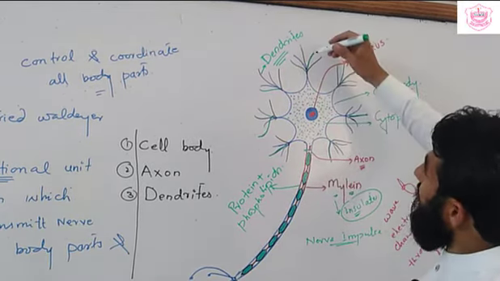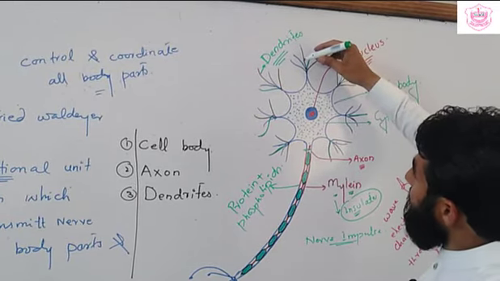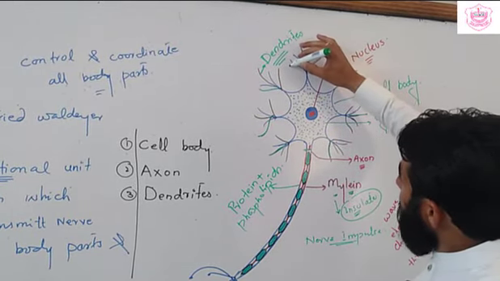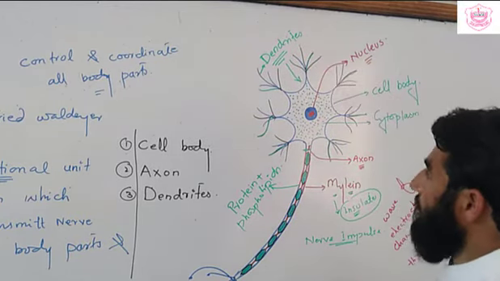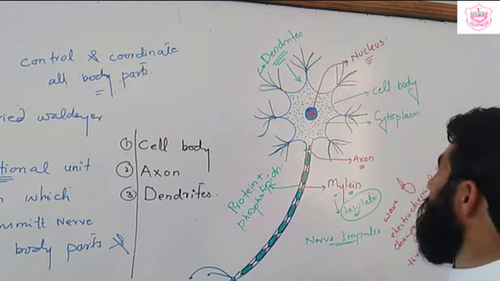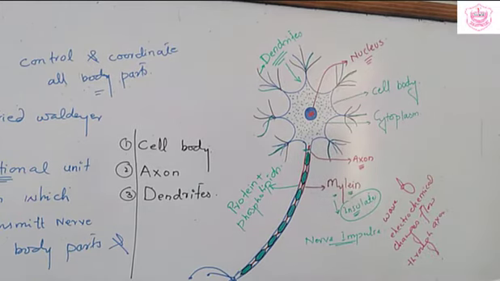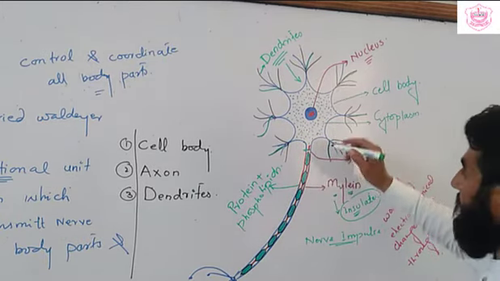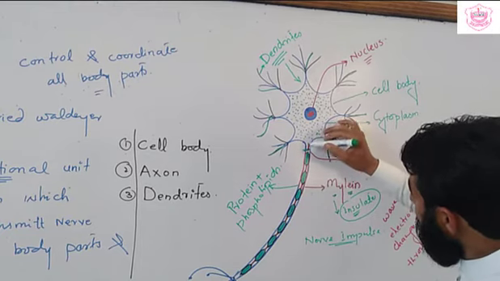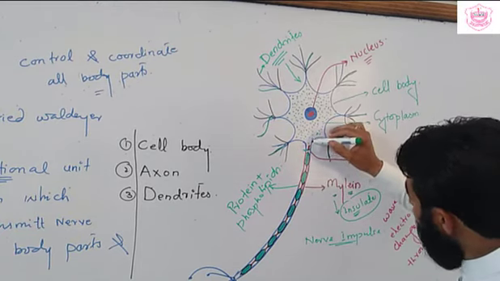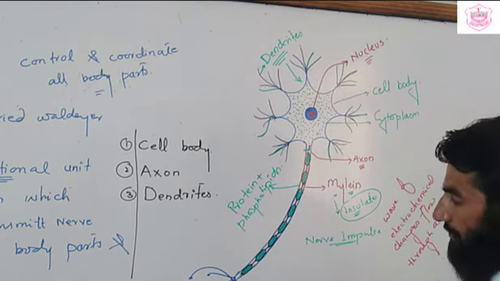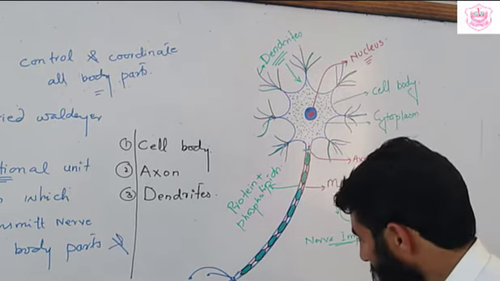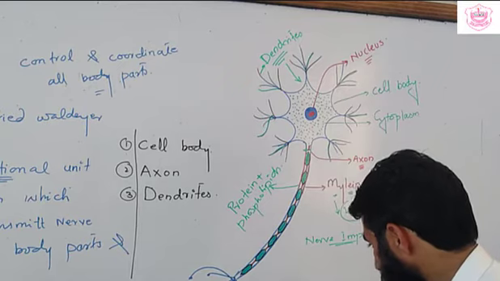The function of a dendron or dendrite is to carry impulses toward the cell body. Here in the cell body, analysis of that message or impulse takes place, and then the axon carries the impulses away from the cell body toward the terminal buttons.